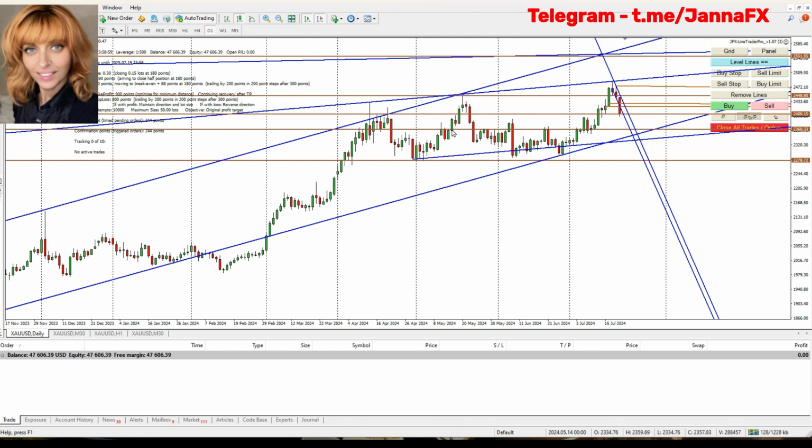But I'm not sure about the other way around, if it's going to work out or not. Is it going to create another handle and continue the way up, or is it actually going to continue down? Because it's respecting this level, my expectation would be that quite possibly it will go down inside that channel, try to go back down.